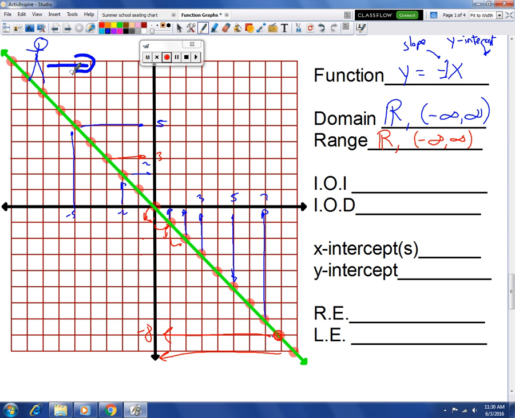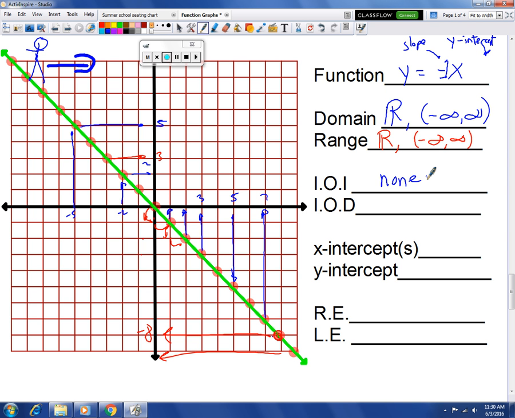So if you have a negative coefficient on a linear function, it doesn't have an interval of increase. It has an interval of decrease. I know we've been putting all real numbers every single problem, but you got in the habit. But no, not always going to be that way. So when it has a negative slope, like this one does, it's not going to have an interval of increase. It's going to have an interval of decrease.